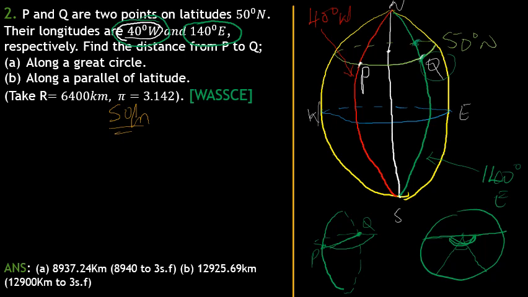This Q will now be here. Can you see? It's a straight line like this. Okay, now that you've got this, our job now becomes easier.